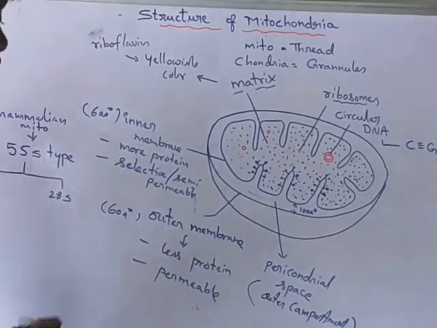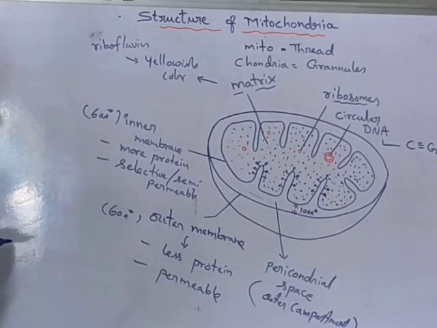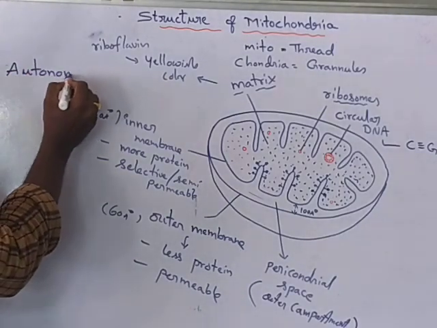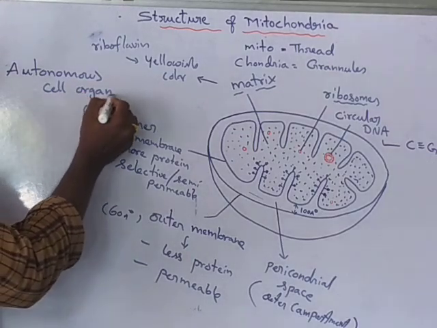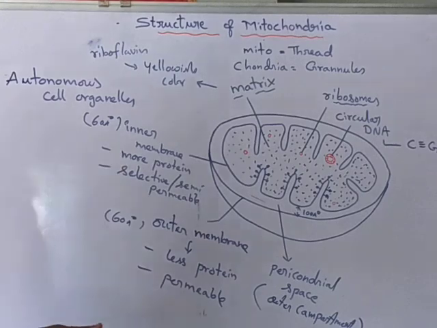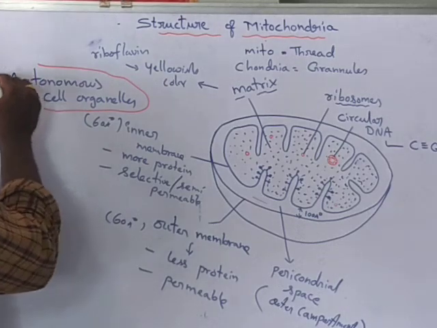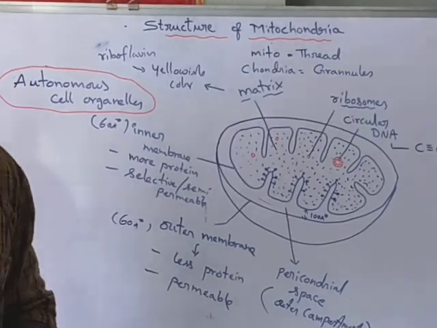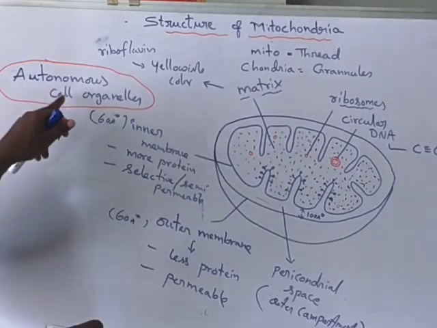It is a self-replicating, autonomous cell organelle because it contains its own ribosomes and DNA, and new mitochondria come from existing ones without depending on nuclear DNA.